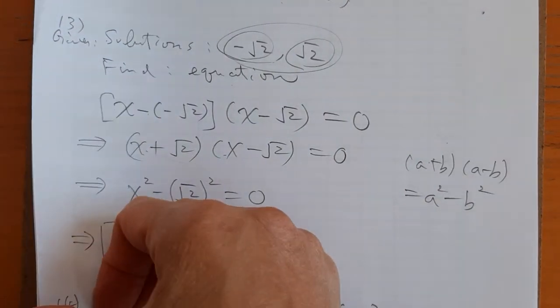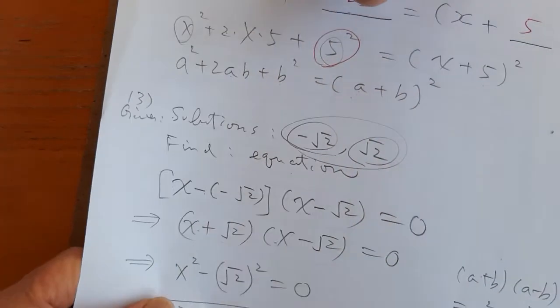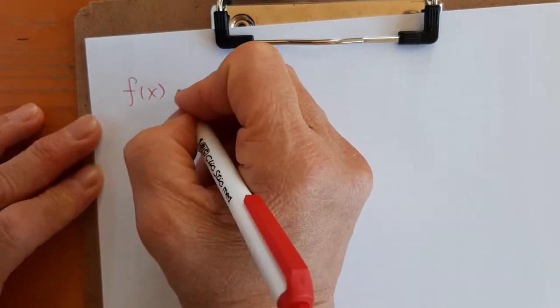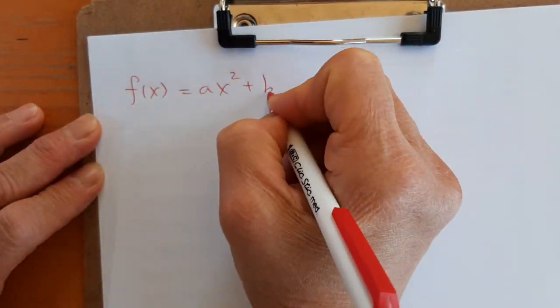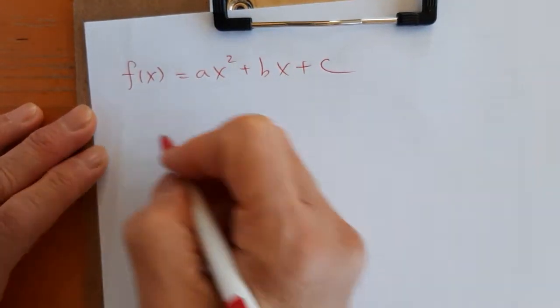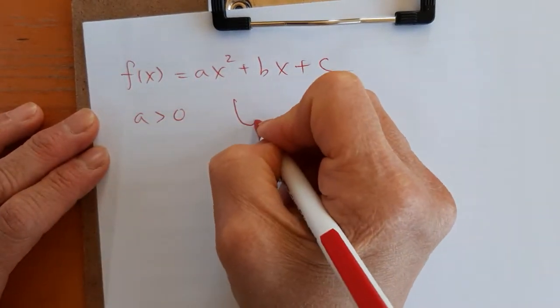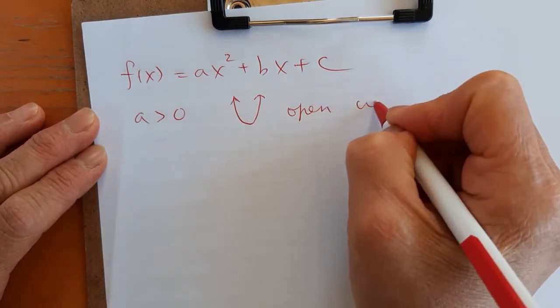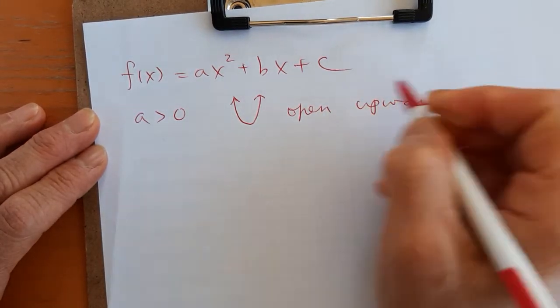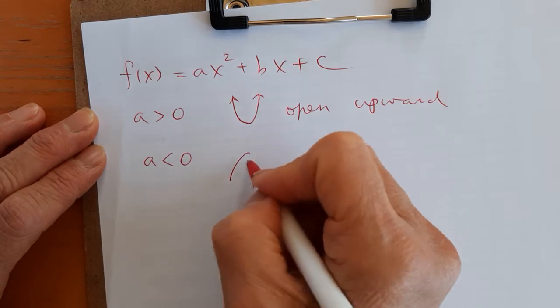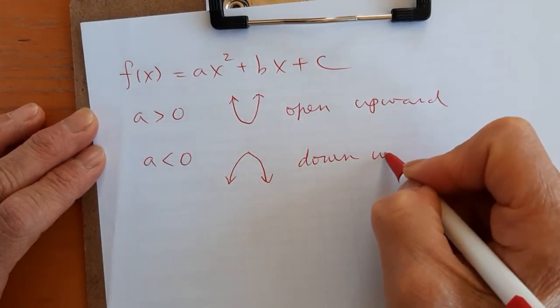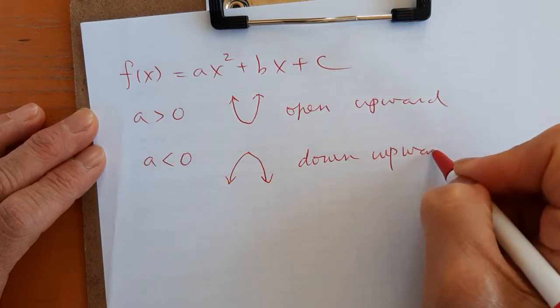So there's a formula we can use. For the general form, given a function ax squared plus bx plus c, first of all, if a is positive, the parabola opens upward. If a is negative, the parabola opens downward.